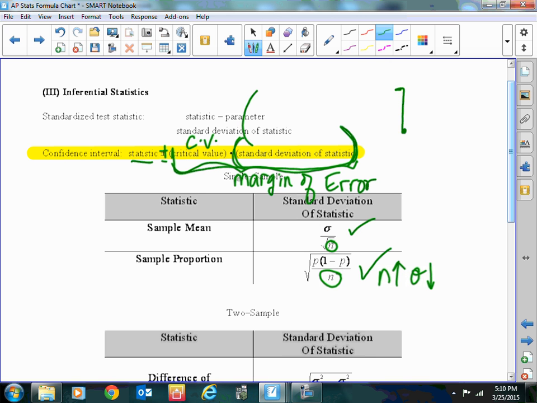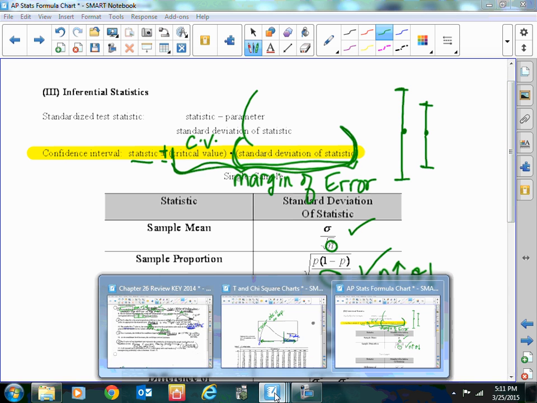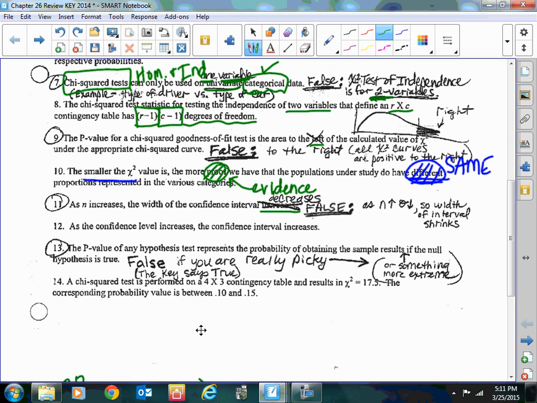Statistic, margin of error up, margin of error down. If your standard deviation is getting smaller, this margin of error is getting smaller. Therefore, your interval is smaller. As n goes up, your interval gets smaller. It decreases. So that original statement is false.